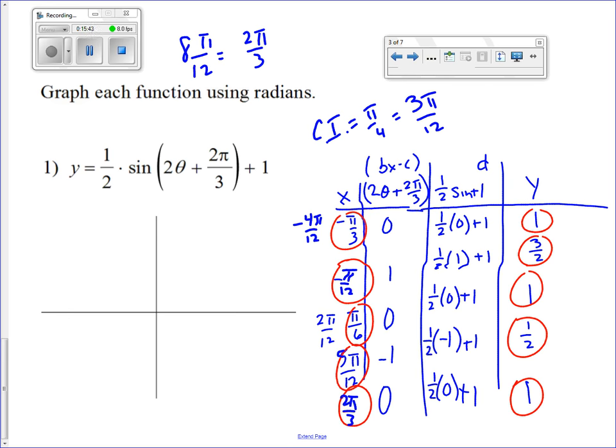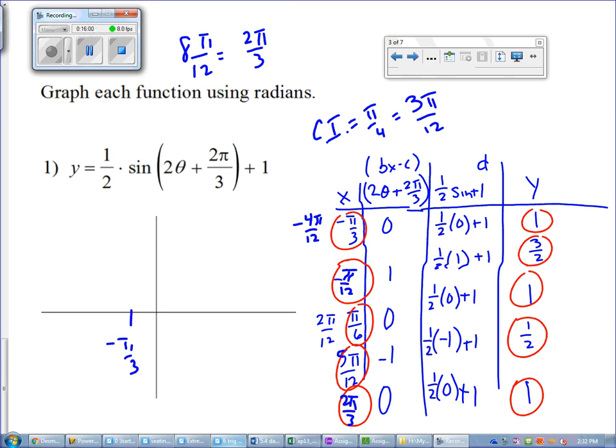So if I'm on my interval, whatever I set this at, if this is my negative pi over 3, okay, once I count after that, 4 pi over 12.